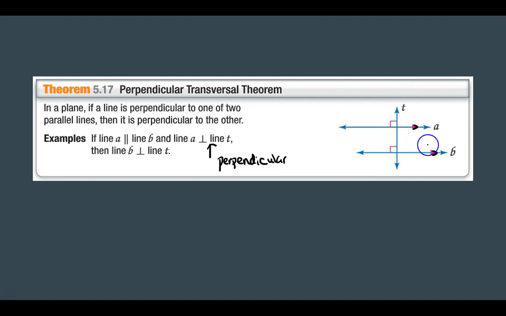Then line B is perpendicular to line T. So both of these would be perpendicular, resulting in the angles being 90 degrees.